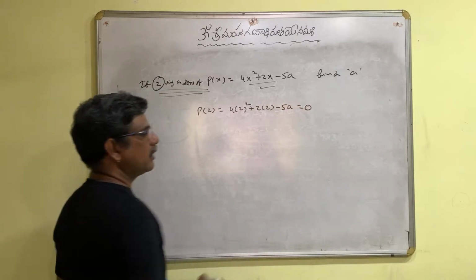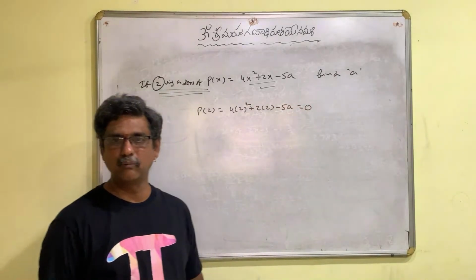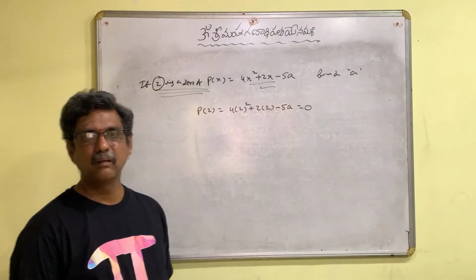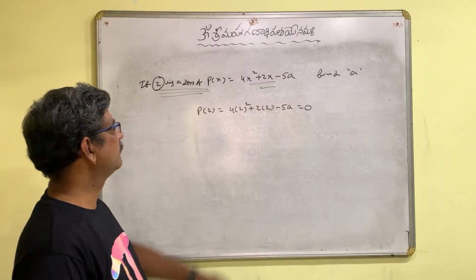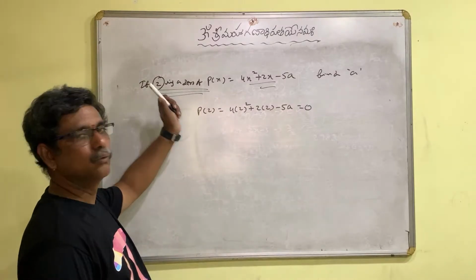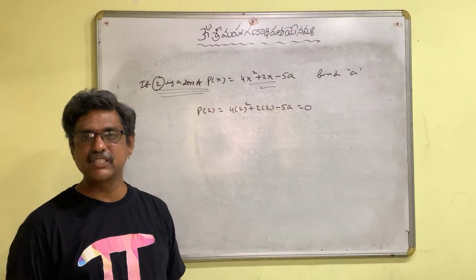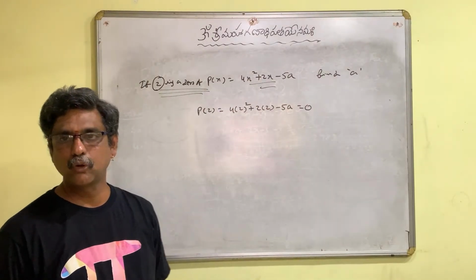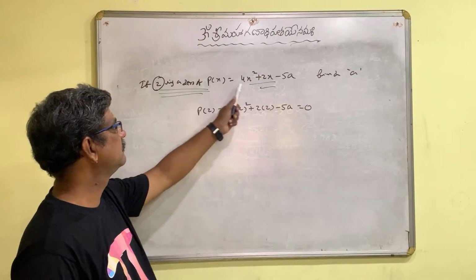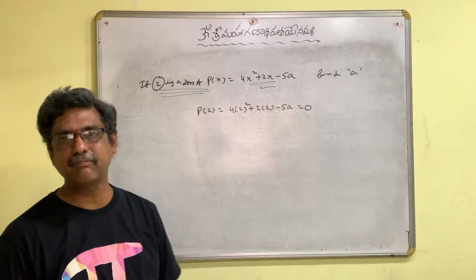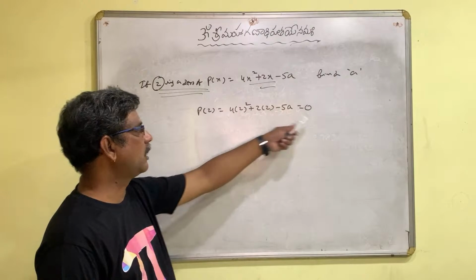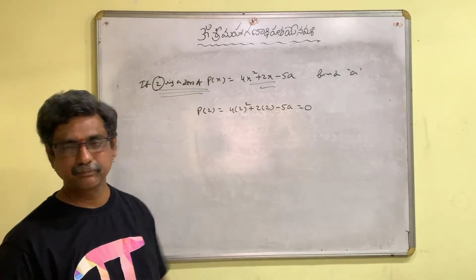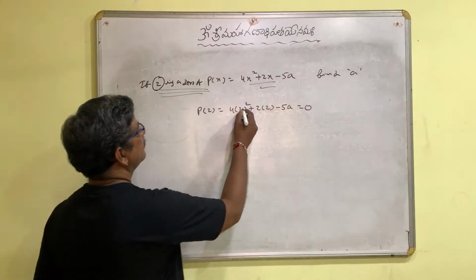Given 2 is a zero of this polynomial, so when we insert 2 in the place of x, the polynomial becomes 0. Now simplify.